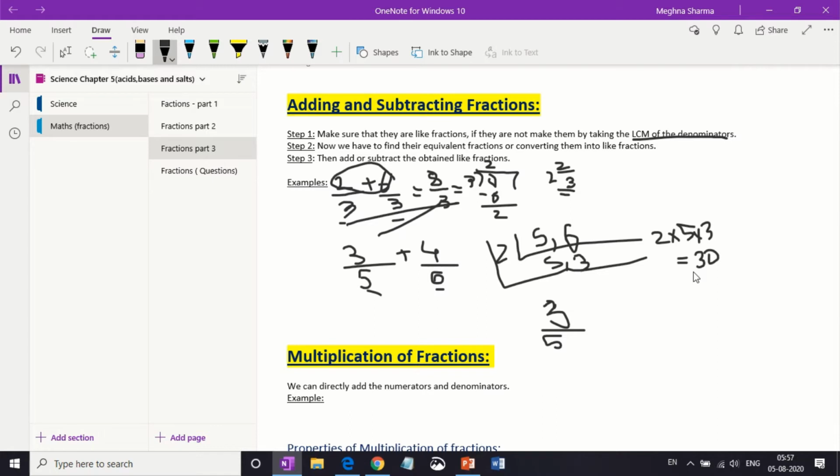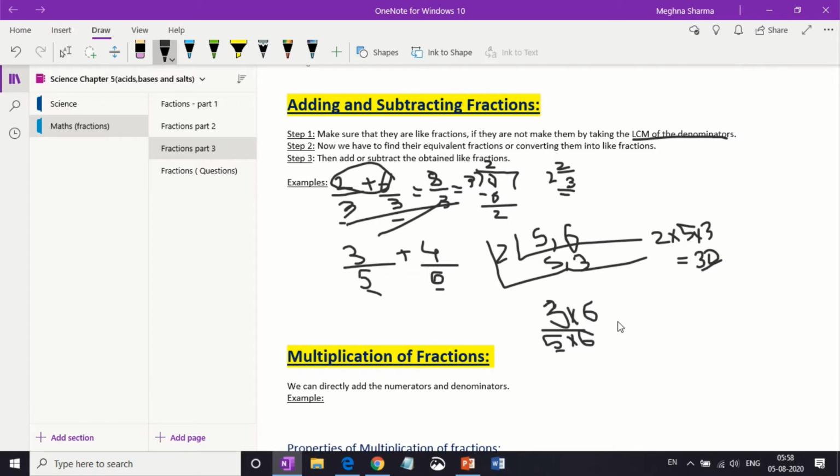If you want to get a bigger fraction, we multiply. Here 5 is smaller than 30, so we have to multiply. By how much? 5 sixes are 30, and the same number you should multiply in the numerator also, into 6.